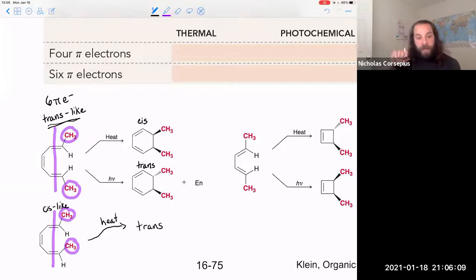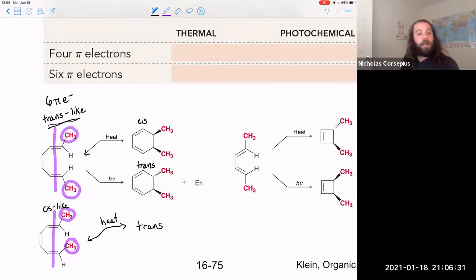So we have an inversion in our stereochemistry. If we start with trans-like, we get to cis. If we start with cis-like, we get to trans. And note that these are all reversible as well. So if I started with the actual cis closed product, then the reverse reaction catalyzed by heat would also give me that stereochemistry inversion. Same thing down here, right?